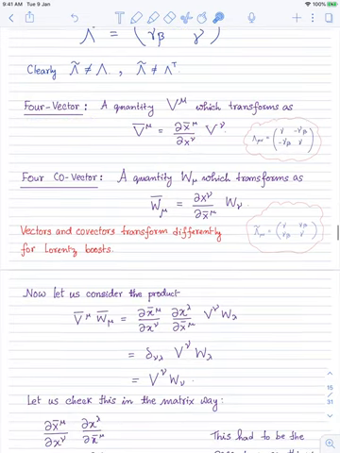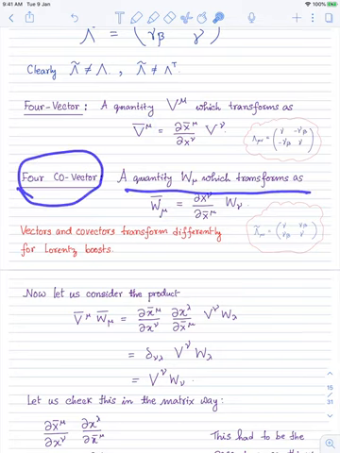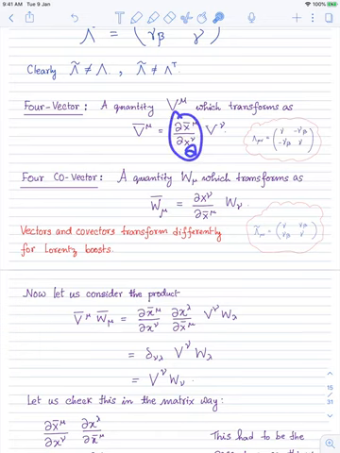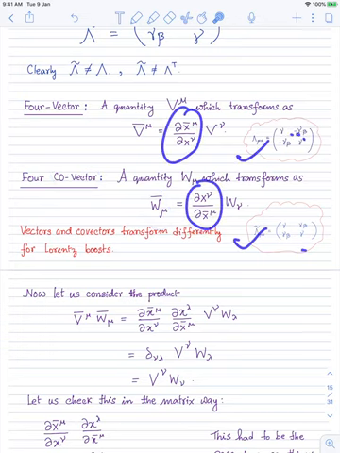Similarly, a quantity with an index down, the vector I am denoting with the index up, which transforms as the derivatives, is called a 4 covector. So a vector transforms as the infinitesimals of the coordinates, and a covector transforms as the derivatives, and these matrices are in general different. As you can see here, there's a sign difference.